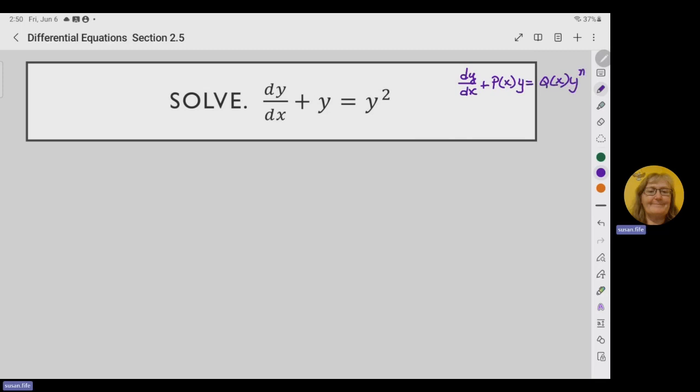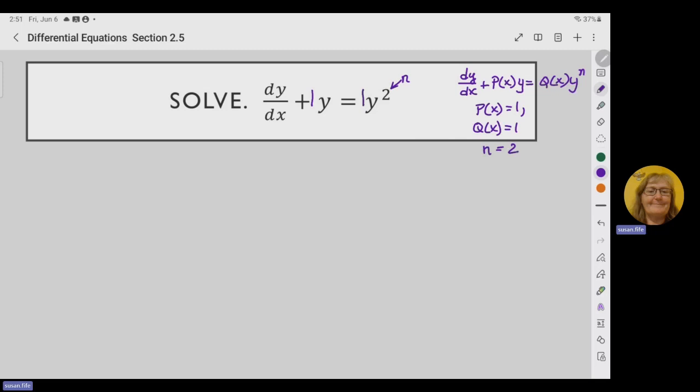In this case, p of x is 1, and q of x is 1. And n is 2.